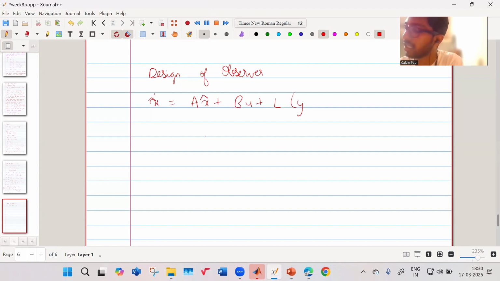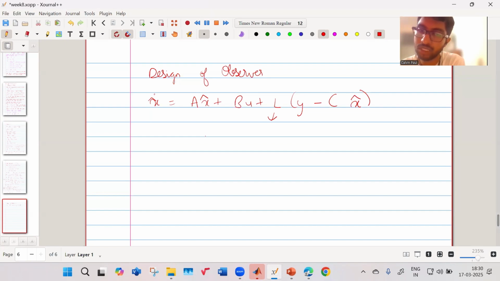We are now considering the design of the observer, where x hat dot is equal to A x hat plus B u plus L into (y minus C x hat). So we have to find this L.